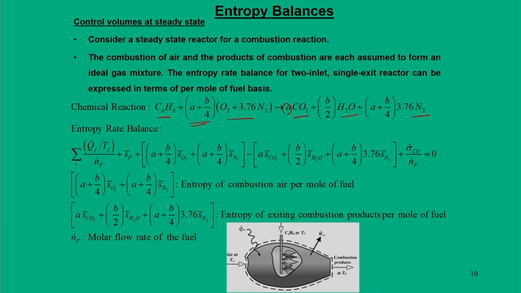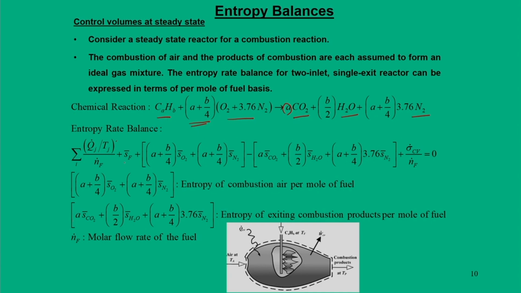The entropy balance can be calculated, if you can recall the entropy balance equations. First is entropy through heat transfer. So, we have to find the different routes how heat transfer takes place at given temperatures, and per mole of fuel that can be calculated by dividing it.